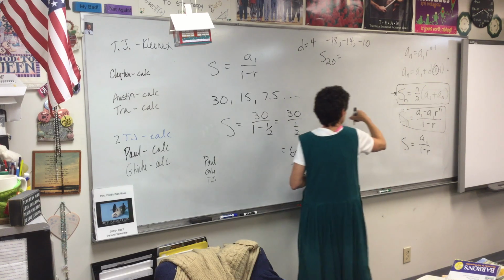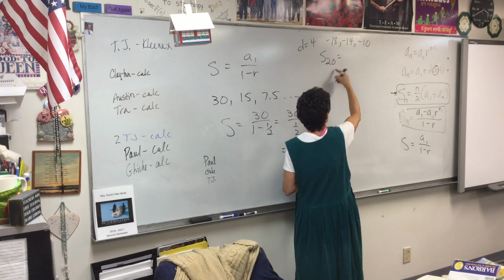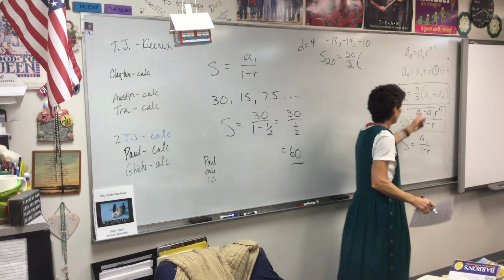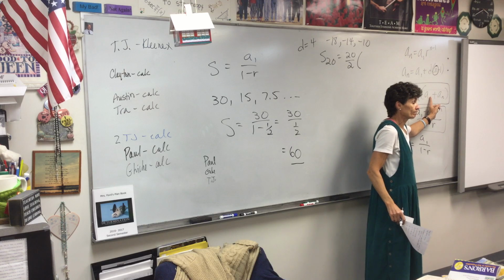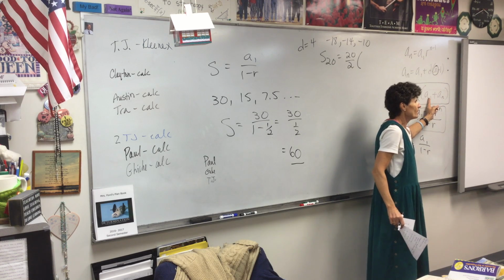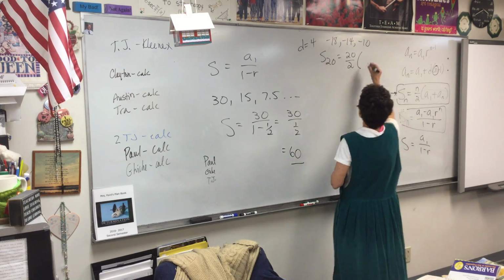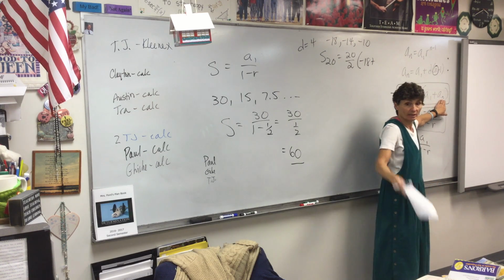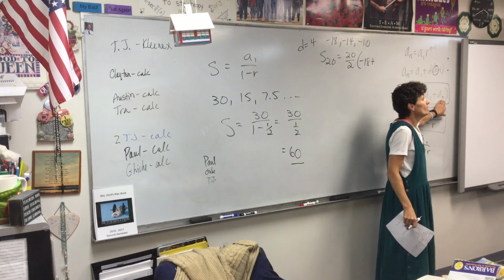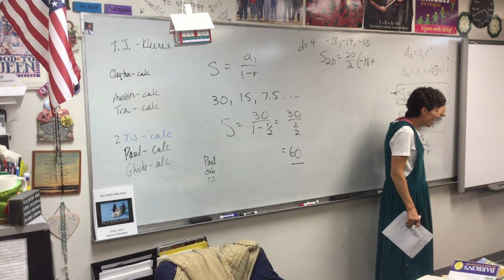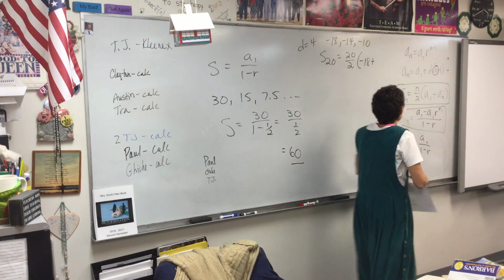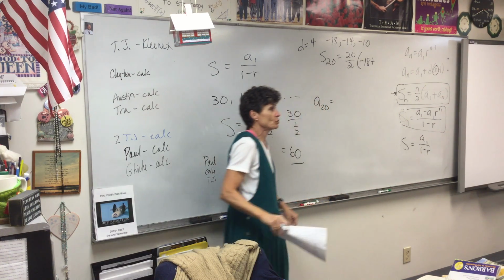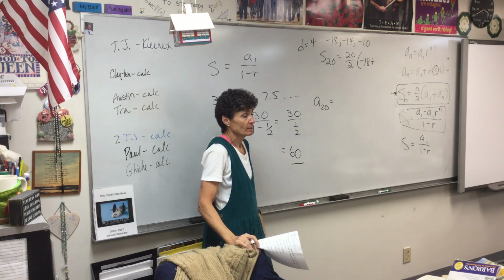This is my arithmetic sum formula. It says S sub 20, so 20 over 2. Now, what goes in the parentheses here? That's the first term, which is negative 18. What is this? The last term, which we don't know. So we're going to have to figure out what the 20th term is.